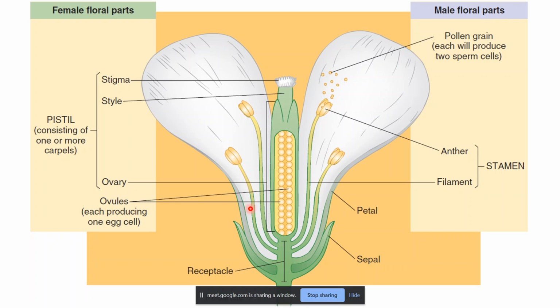And because the asexual reproduction only involves one parent and no fusion of gametes, that is the sperm cells and the eggs, then the offspring of asexual reproduction will be virtually genetically identical to the parent plant and to each other, so there will be no genetic variation.